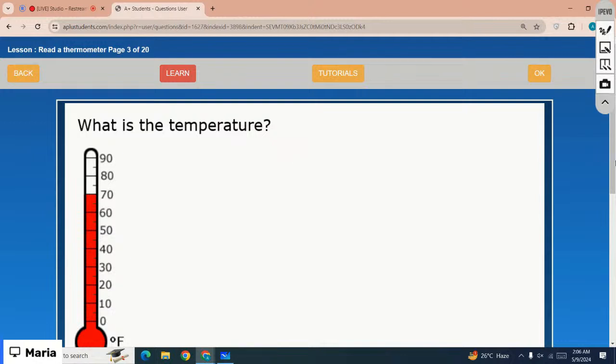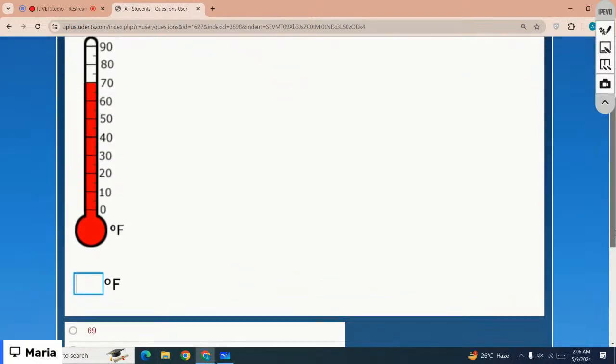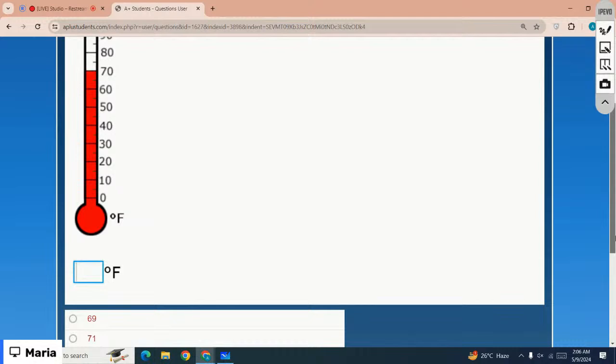What is the temperature? Which is the correct option? The correct option is 70 degree F, right?